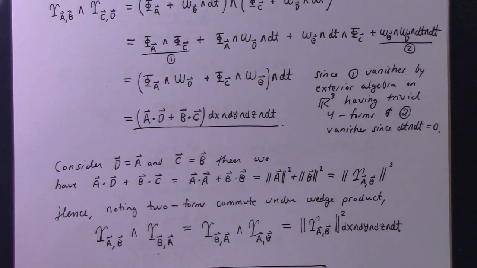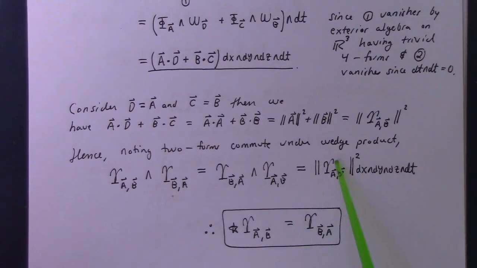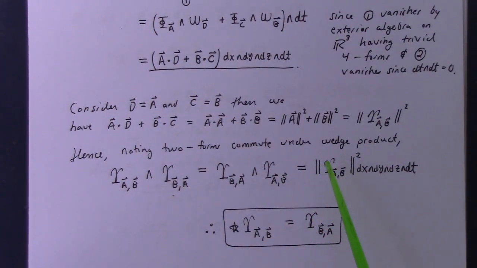Yay. So what this means then, if you sort through the bonus part, is that upsilon_a wedge upsilon_b wedge upsilon_b wedge upsilon_a ends up giving us, of course, the length of upsilon squared by the previous work, and on the flip side, that means then by comparison that the Hodge dual of upsilon_AB is upsilon_BA.